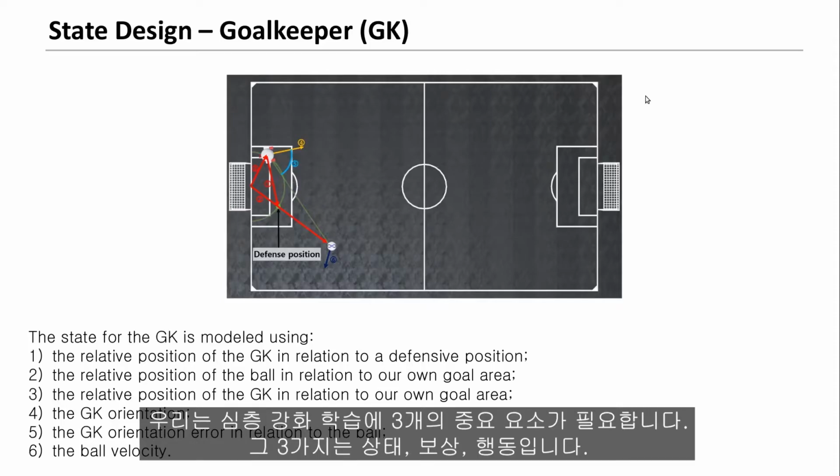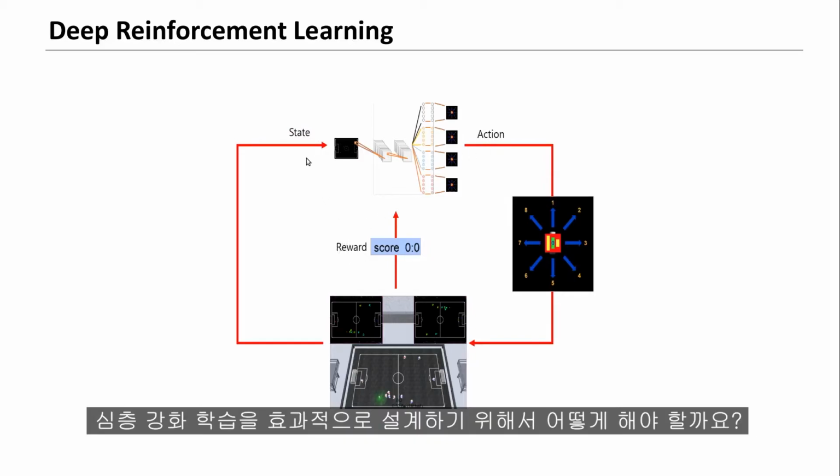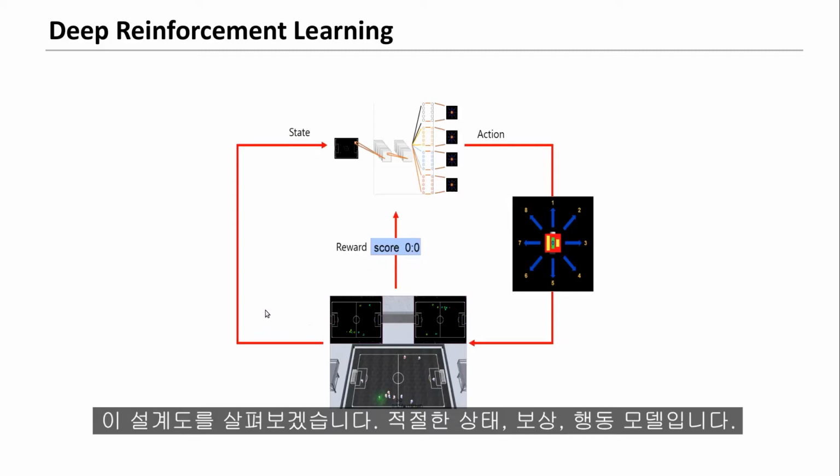We see here that we have three main components in the deep reinforcement learning algorithm: the state, the action, and the reward. How we design these three is really important to being able to train an effective deep reinforcement learning algorithm. So we'll go through designing a good state, a good action, and a good reward model.